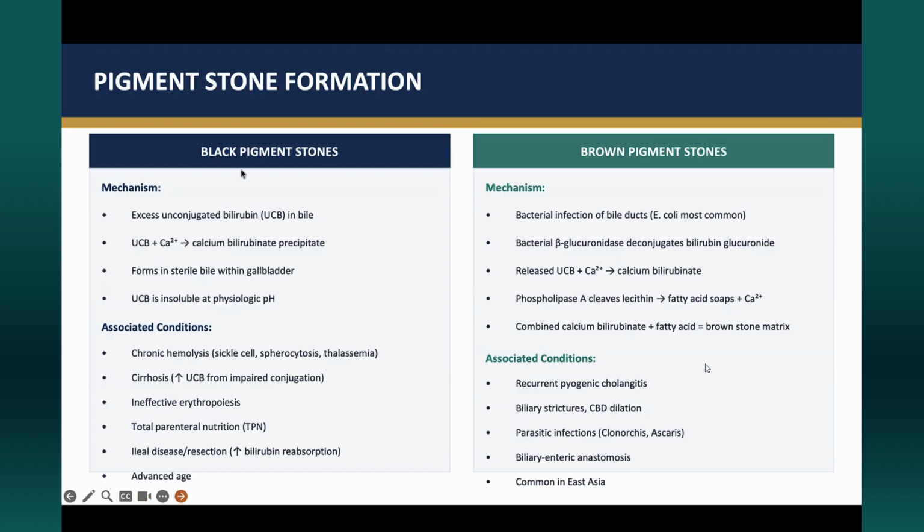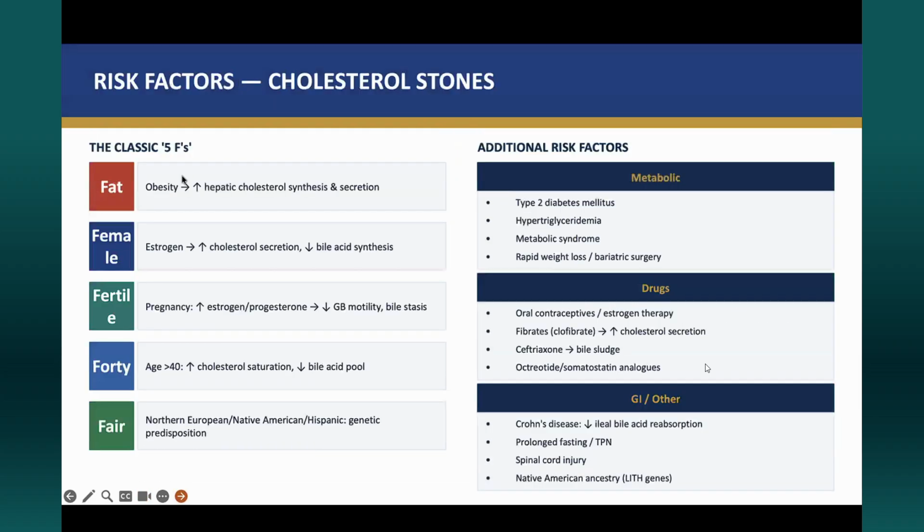Now you have the 5 Fs. What are the risk factors? Remember the 5 Fs: fat, female, 40, fair, and of course, fertile. So you have fat, self-explanatory. Estrogen increases cholesterol, decreases bile salt.